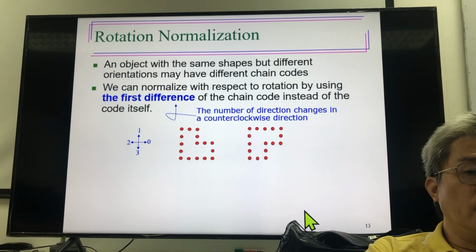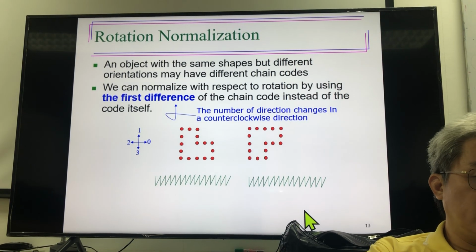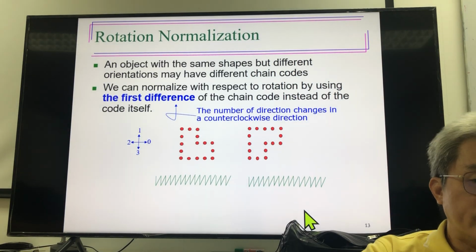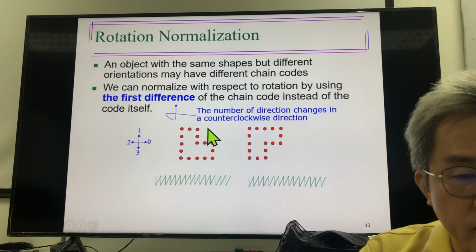Next is rotation normalization. An object with the same shape but different rotation may end up with a different Freeman chain code. For example, this object here.